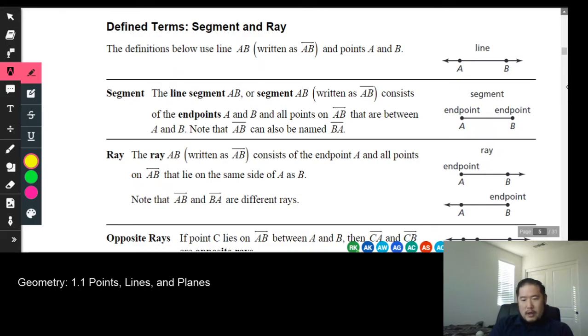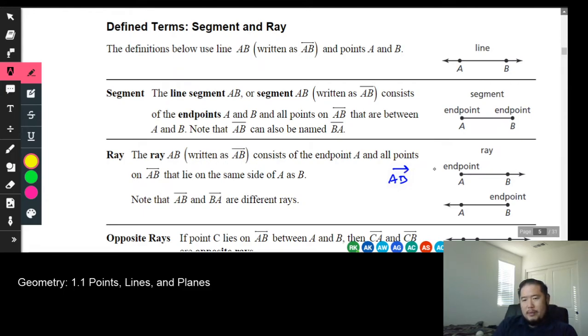Okay, so if I take a look at this first one right here, I will call this ray AB. I start with the endpoint, which just happens to be point A, and then it goes to point B. And above it, I have one arrowhead. The arrowhead is above the point that the ray is going towards.